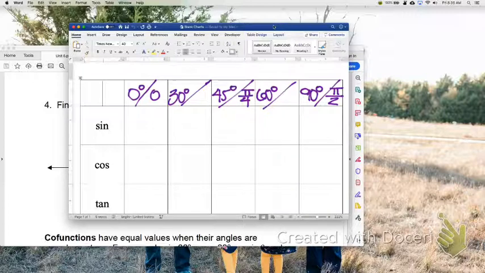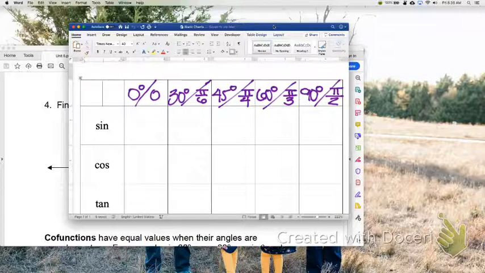And the rest are fractions that go forward. 30 is the same as pi over 6, and 60 is the same as pi over 3. If it helps, you can think the denominators are the same numbers, but flipped. The 30 is not going to go with the pi over 3. So far, yes, those 5 blocks are memorization.